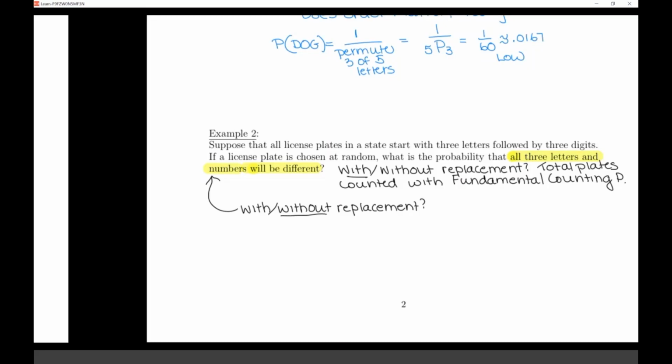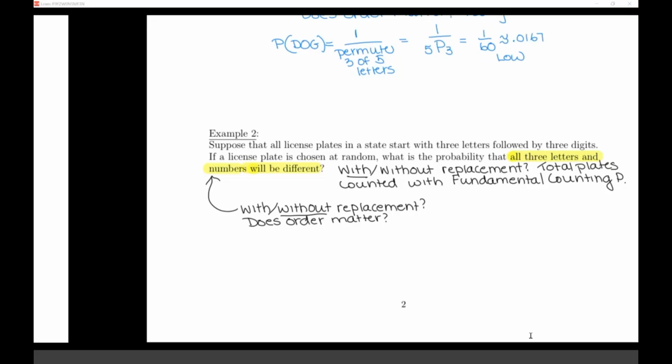And on a license plate, does order matter? Does order matter on a license plate? Suppose I have a license plate that's CAT123.